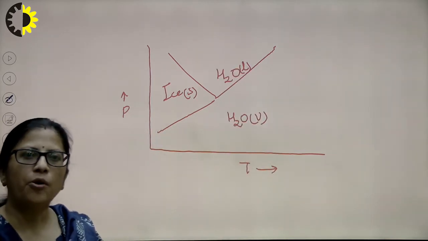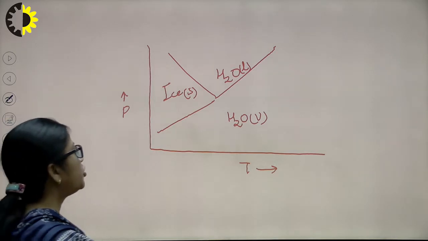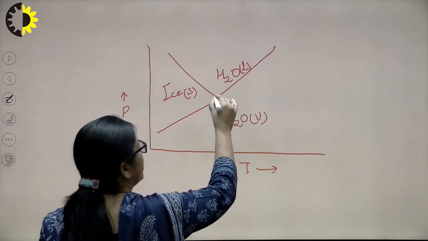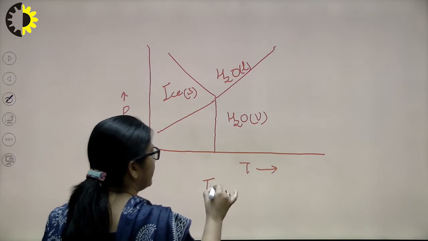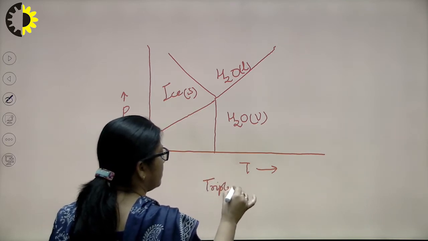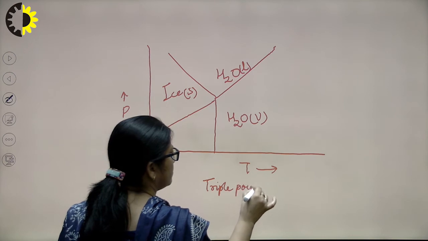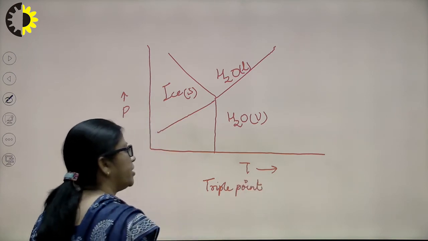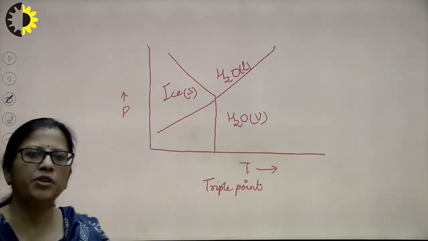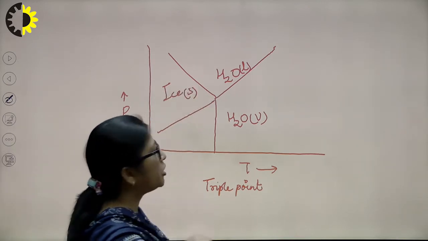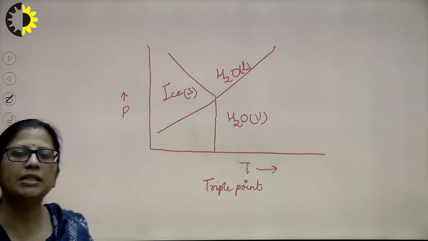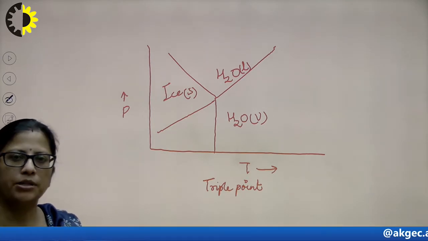The three phases meet at a particular point, and this point is known as the triple point. At this triple point we can see that the vapor phase, the ice phase and the liquid phase, all three phases meet at this particular point.